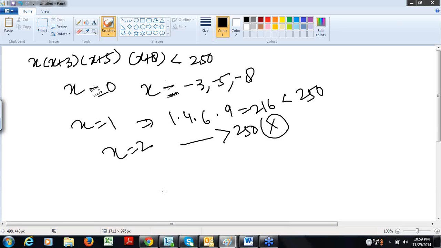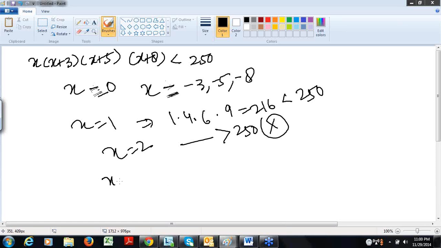So what we have got is 0, minus 3, minus 5, minus 8 and 1. For these 5 values, the inequality will hold good. Whenever the product is negative, the inequality will hold good. So let us find the values for which the product will be negative.